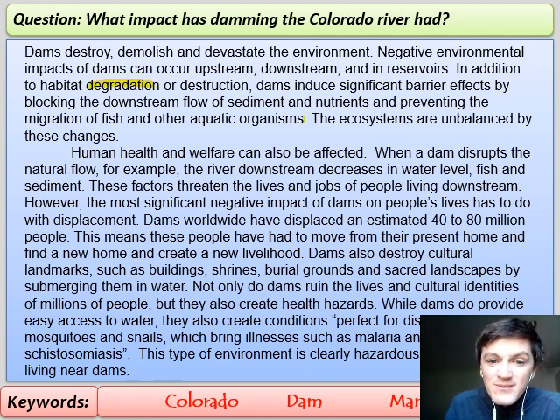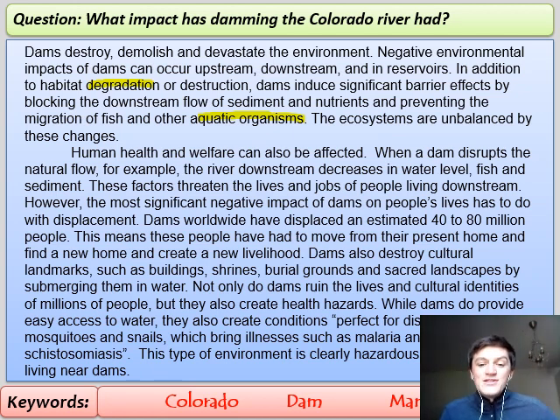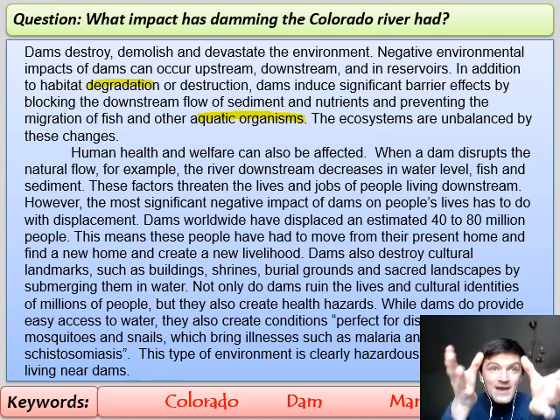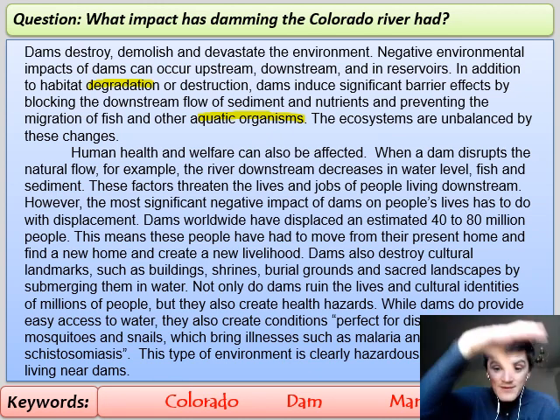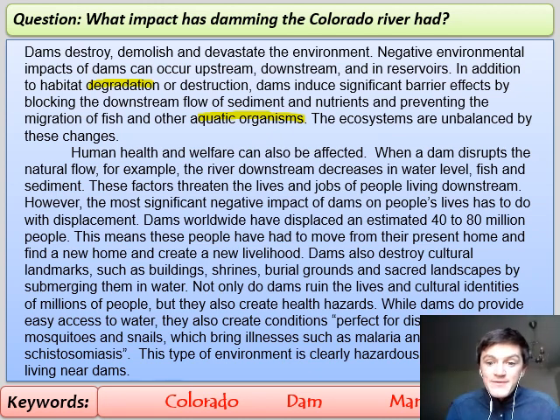Okay, aquatic organisms, animal life. The ecosystems are unbalanced by these changes. So the ecosystems, okay, that are a delicate balance, are disrupted. The food chain, the food web, is disrupted by dams.